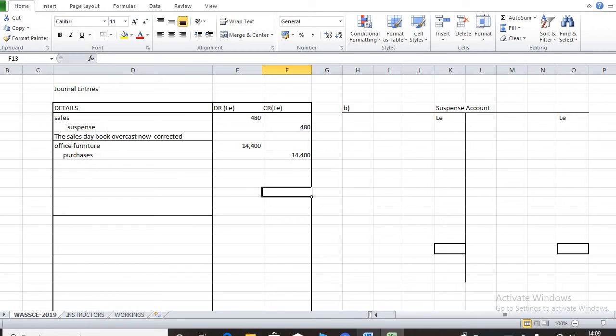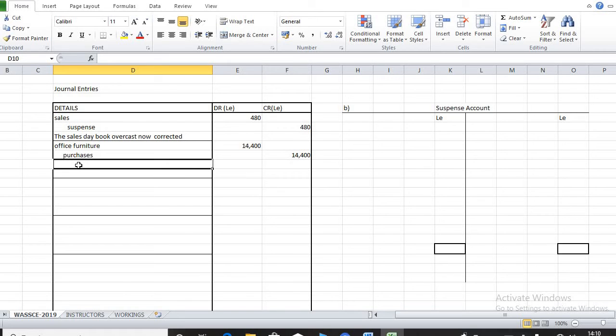So from this, what narration can you give? We can say that a purchase of office furniture, or a purchase of an asset treated as purchases, now corrected. Or an expenditure on capital expenditure treated as revenue expenditure, now corrected.